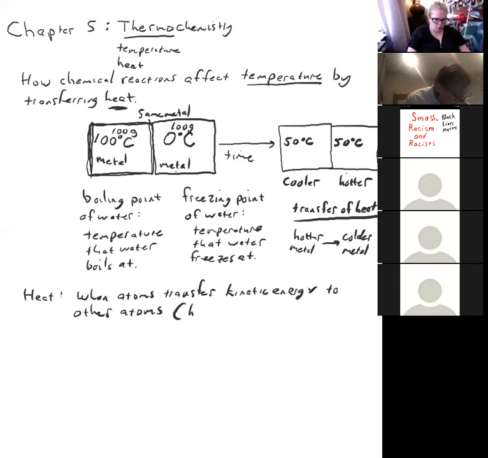And I'm going to, again, repeat this point that the hotter atoms are going to transfer the energy to the colder atoms, not the other way around. Statistically, it just doesn't happen, okay?